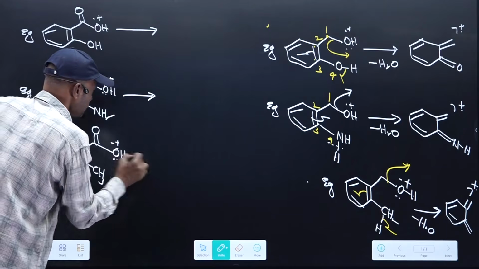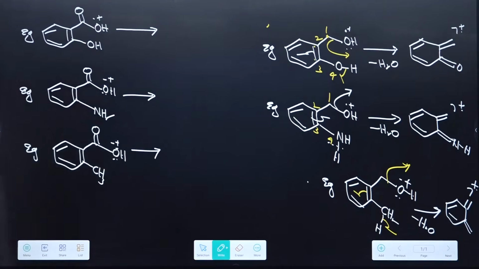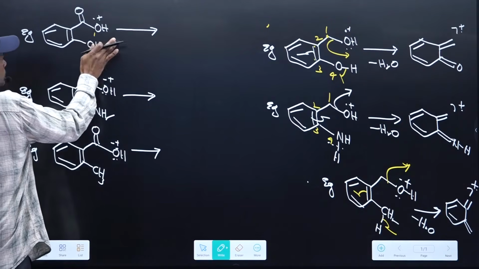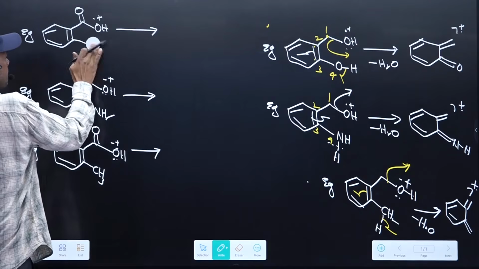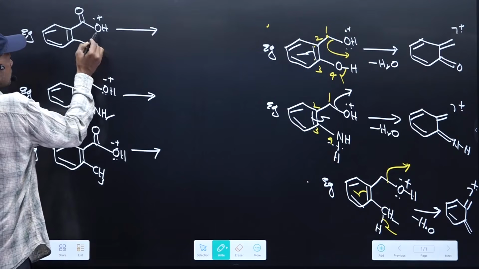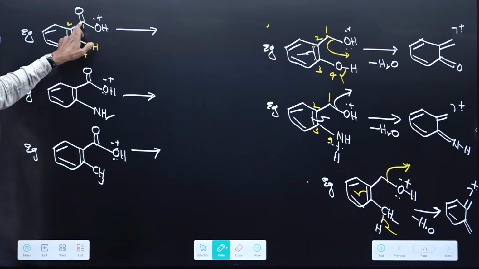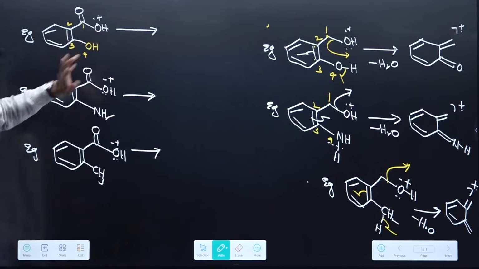So one example I will give, the remaining you work out. Is it 1,4? 1, 2, 3, 4. On 1, remove hydroxy. On 4, remove hydrogen.